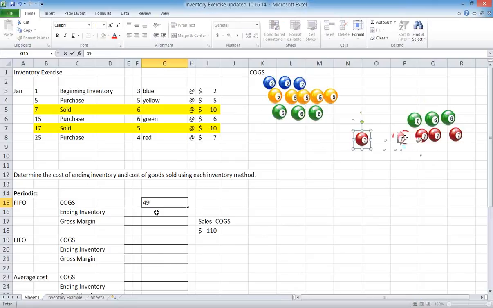So 49. 46 in the inventory. And if that's the case, then I have sales of 110 minus my cost of goods sold gives me a gross margin of 61. Is that what you all agree? Somebody says 15.